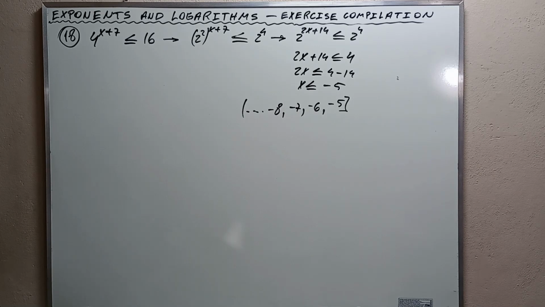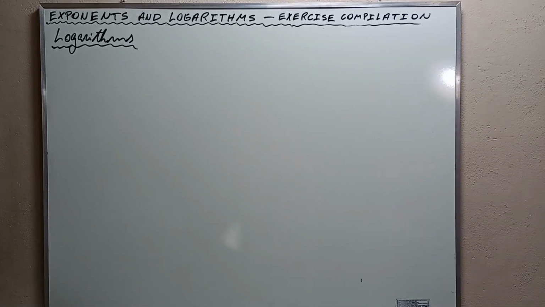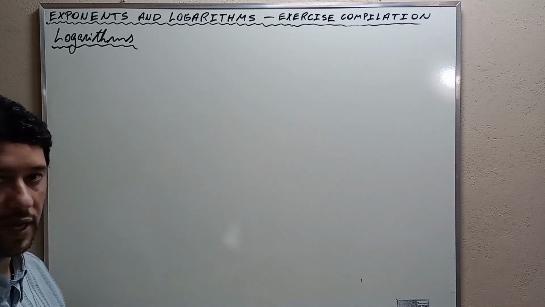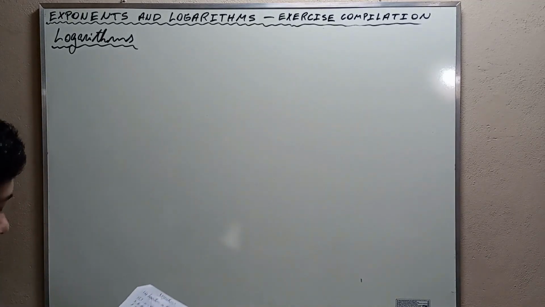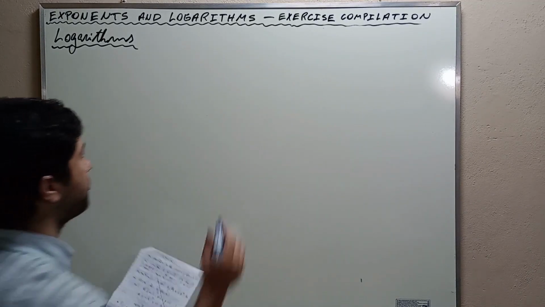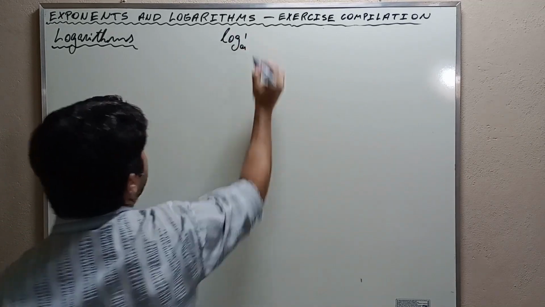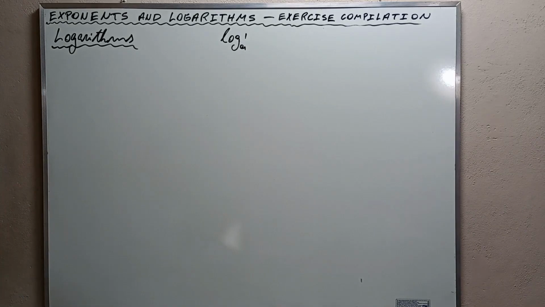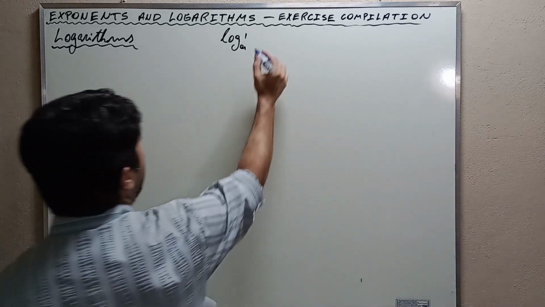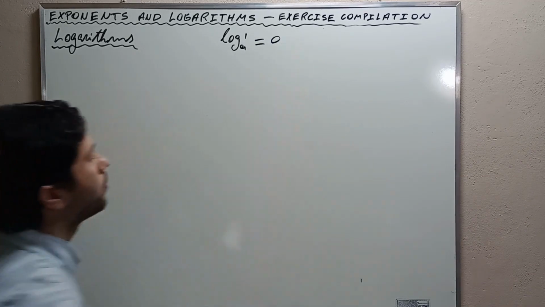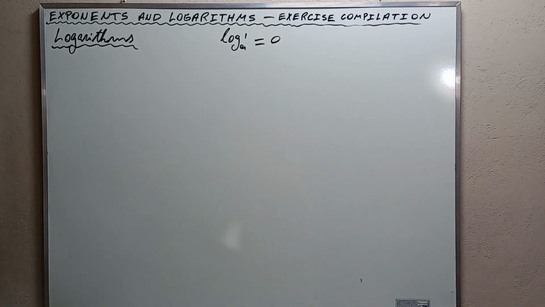Let's talk about logarithms now. Let's begin the study of logarithm with some logarithmic identities. The first logarithmic identity that we are going to discuss is the logarithm of 1 in any base. The logarithm of 1 in any base is equal to 0. Why?